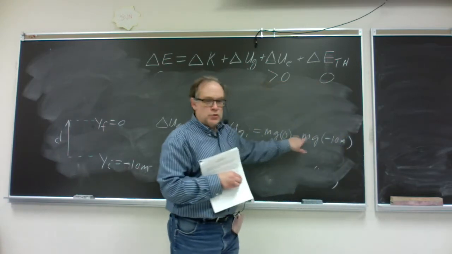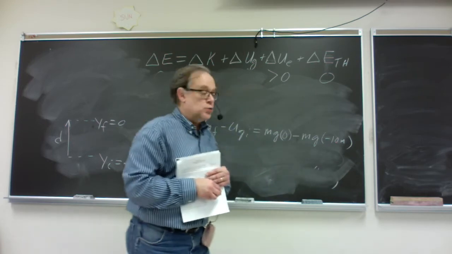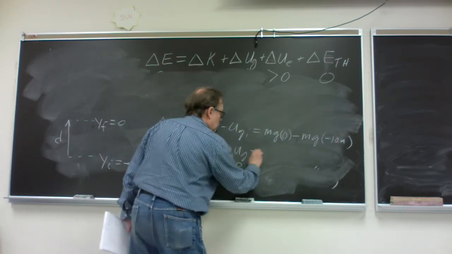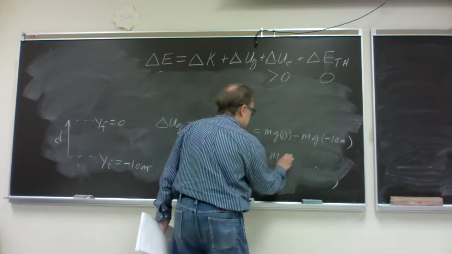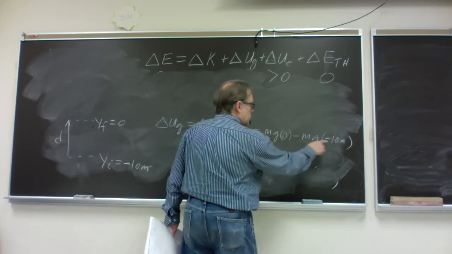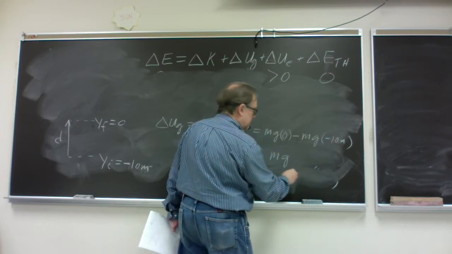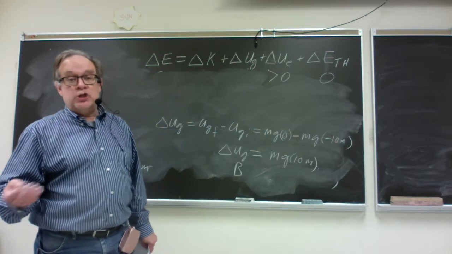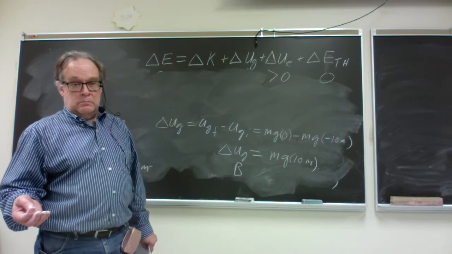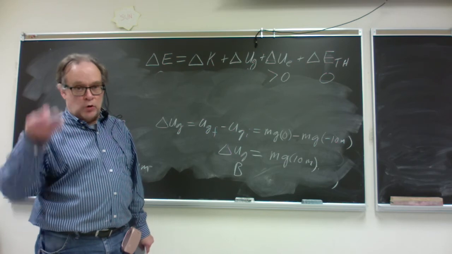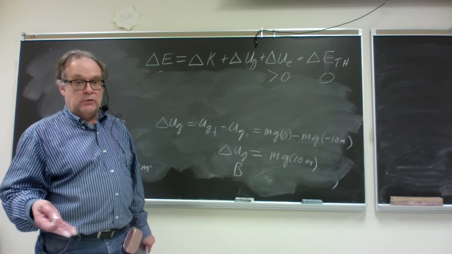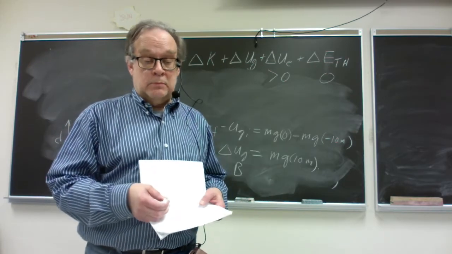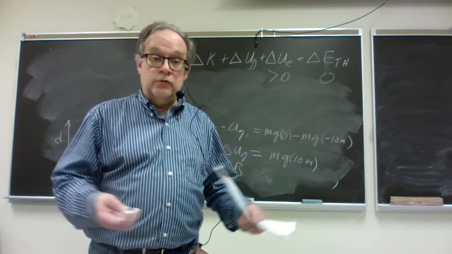And here we've got a minus 1 times a minus 1, which gives us a plus 1. So the change in gravitational potential energy when we were using coordinate system B is mg times minus 1 times minus 1, or plus 1 times 10 meters. Same thing. You get the same change in gravitational potential energy no matter where you choose to put the 0 level. So we always want to put the 0 level of elevation at some convenient place, like either the beginning or the end of the motion.